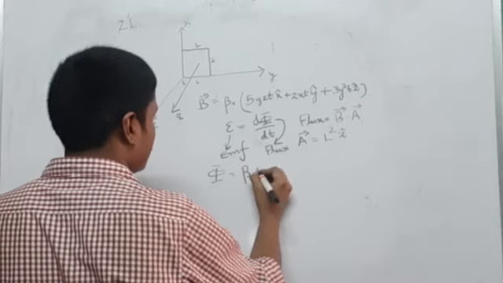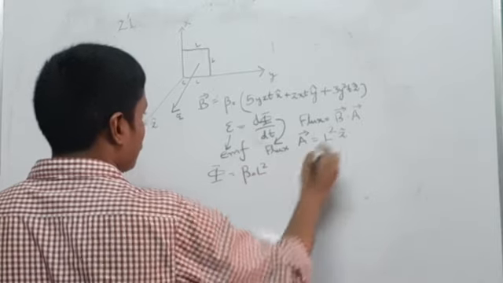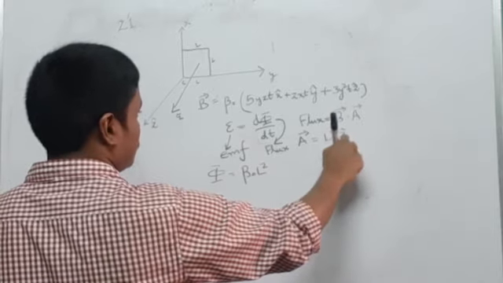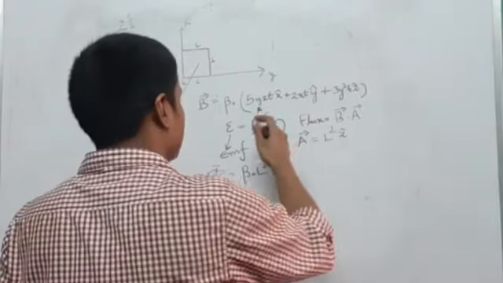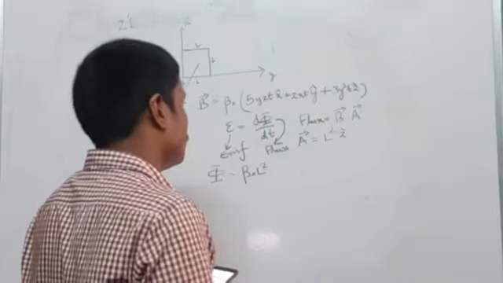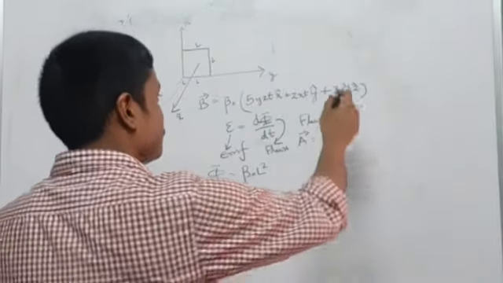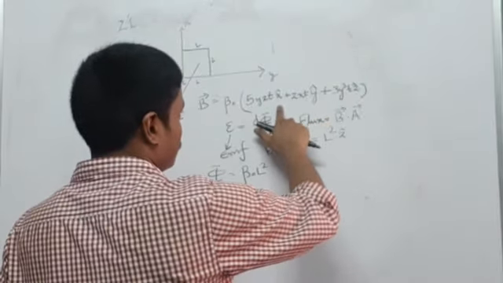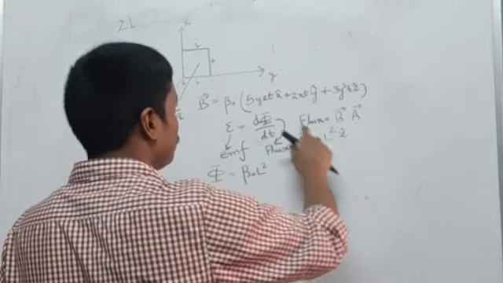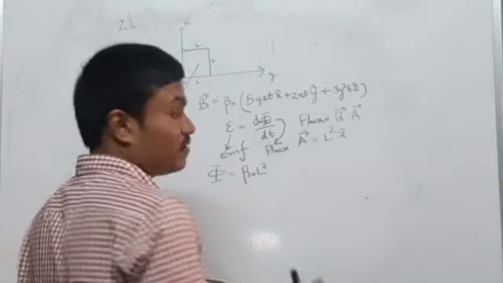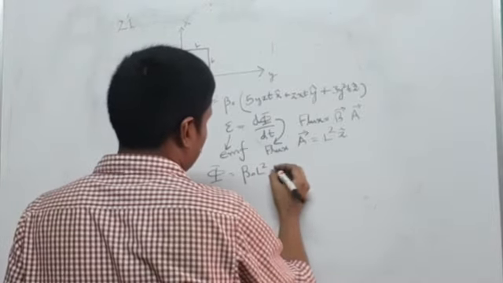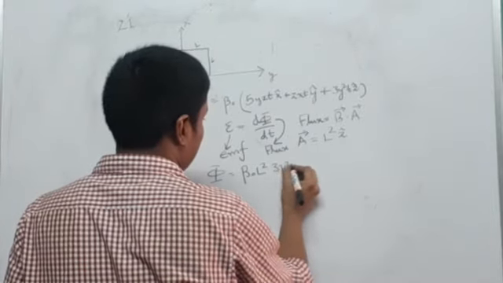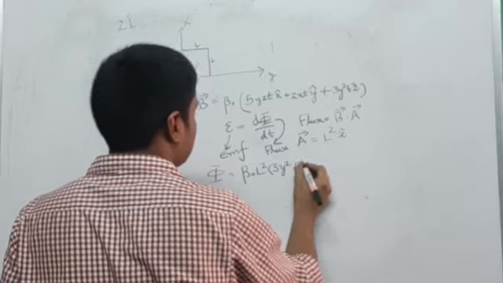So now if we have to calculate phi, it is basically beta naught times L squared, and you see A has only a z component. If you take a dot product of B with A, only the z component can survive, because x cap dot z cap would be 0 and y cap dot z cap would be 0, because they're all perpendicular unit vectors. So the only component surviving is 3y squared t.